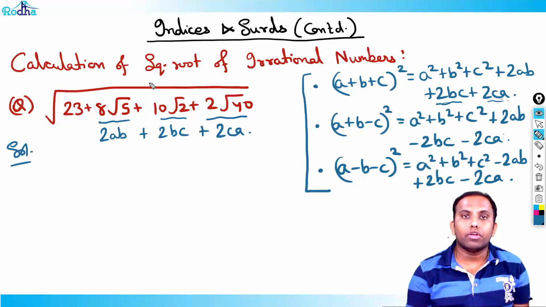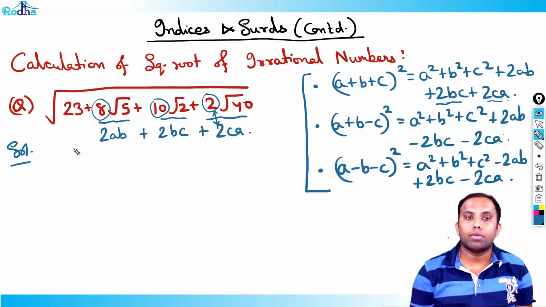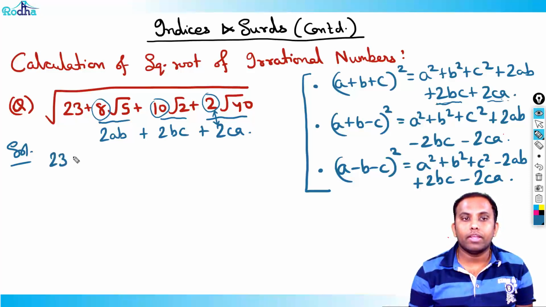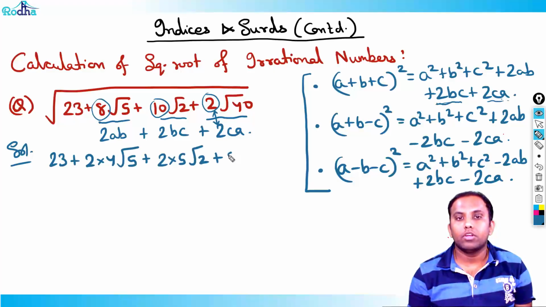Right now it is not in 2ab form, because it is 8 here, 10 here, and 2 here. The 2 root 40 is fine, I don't need to make any changes here. But here it is 8, here it is 10, so we need to convert into 2 form, right? So what I'll do here is write 23 plus 2 into 4 root 5 plus 2 into 5 root 2 plus 2 root 40.